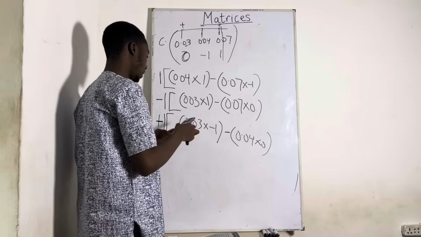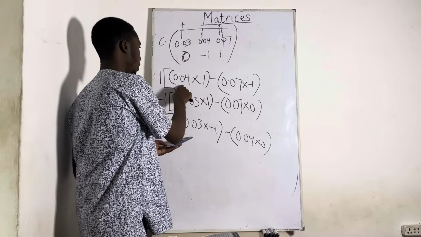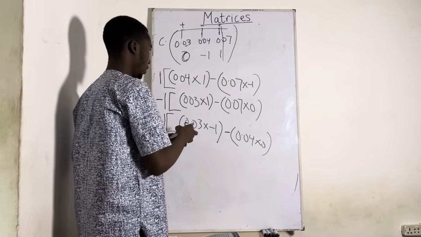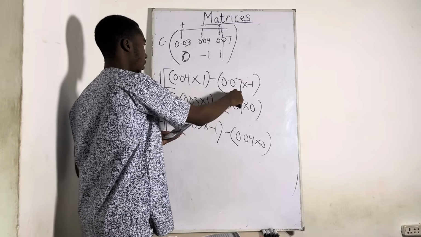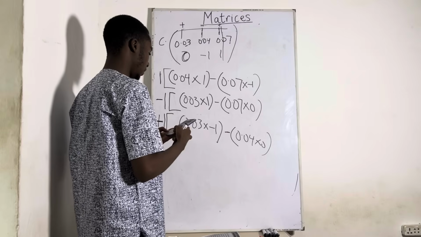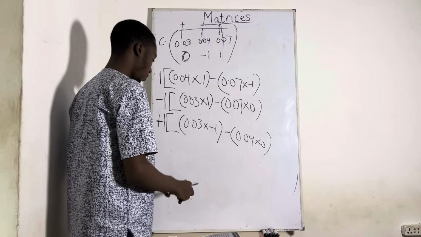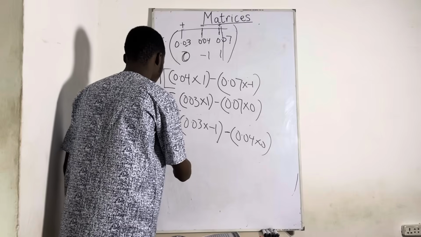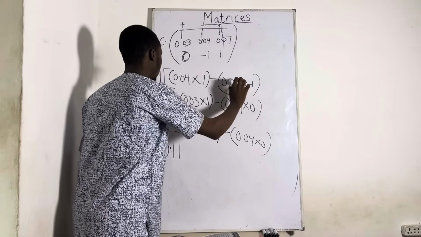So into brackets 0.04 times 1, minus into brackets 0.07 times negative 1. So this will give you 0.11. That's for this part, the top.